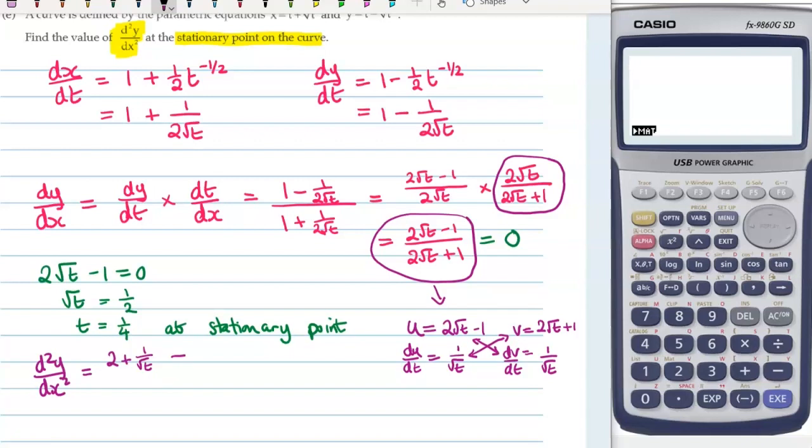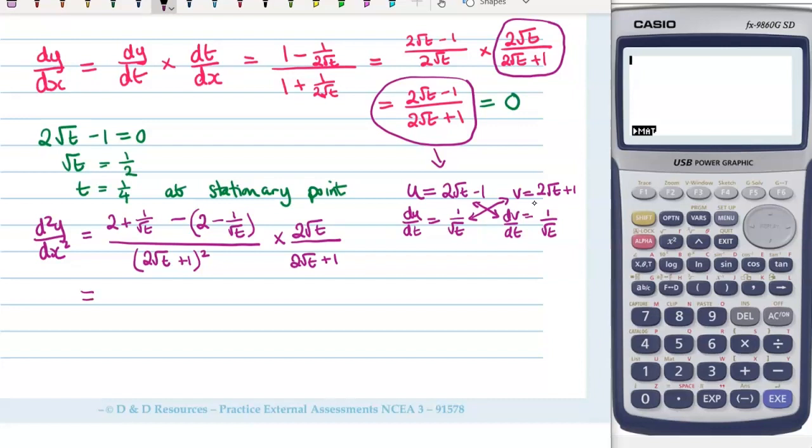So we have 2 and then a minus 1 times 1 over root t. And then all over v squared, which is 2 root t plus 1 squared. Then we times it by the dt by dx, this one here. So that'll get times by 2 root t over 2 root t plus 1.